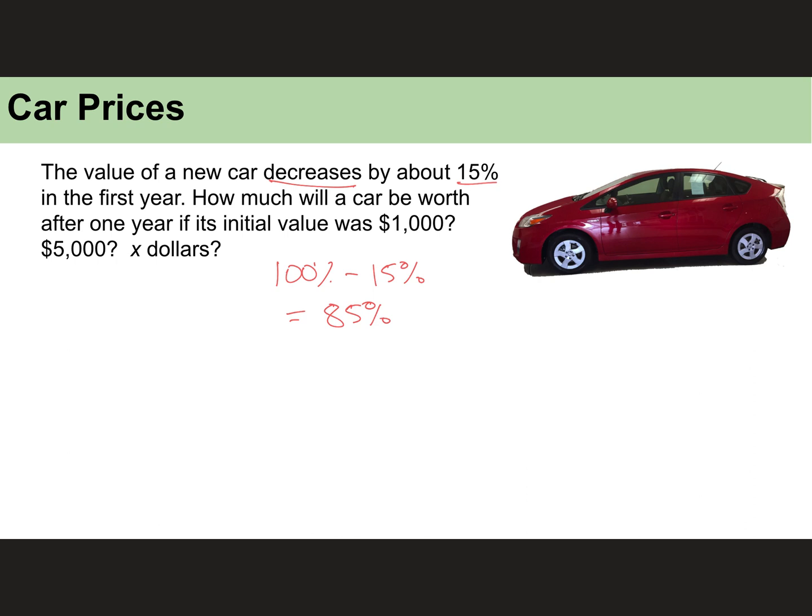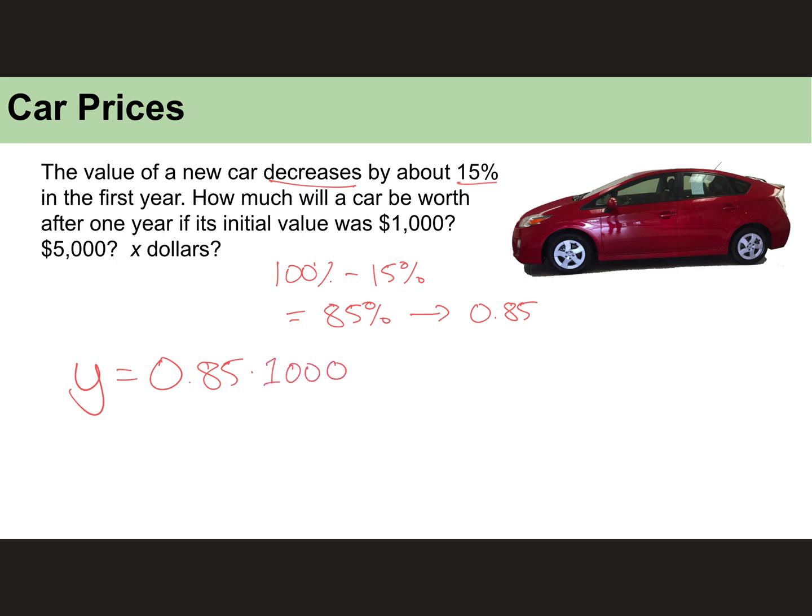And what is 85% as a decimal? 0.85, 85 hundredths. 85% means 85 per 100. So my equation is going to be the price of the new car is equal to 85% times the value of whatever it started out as.